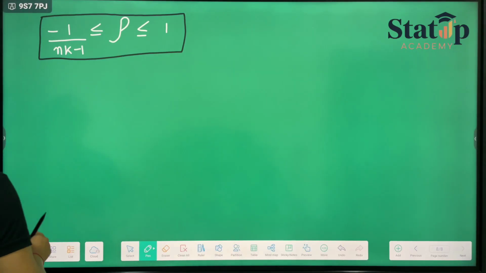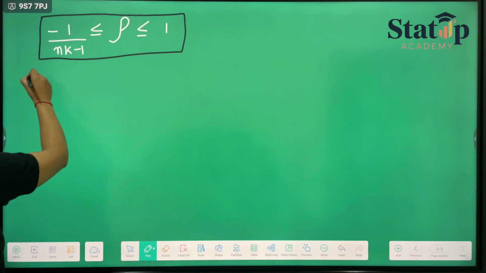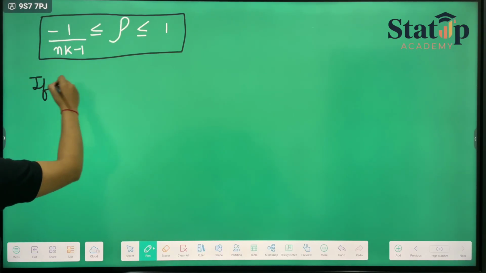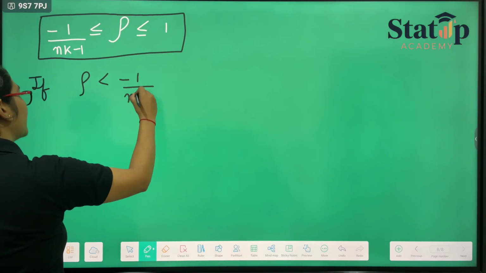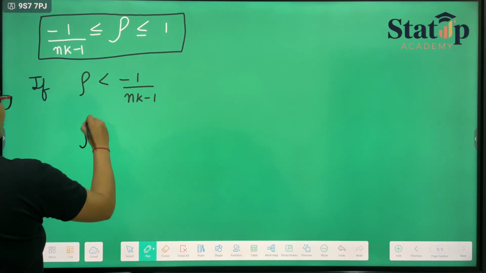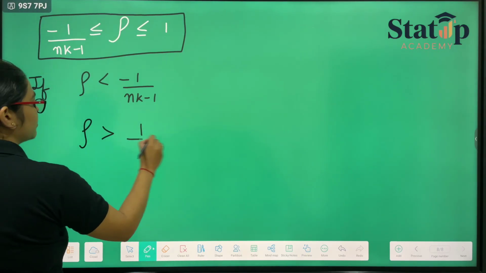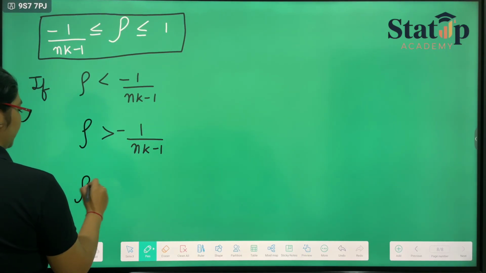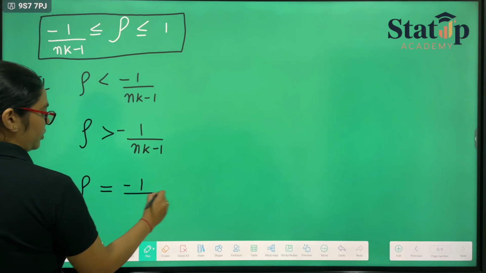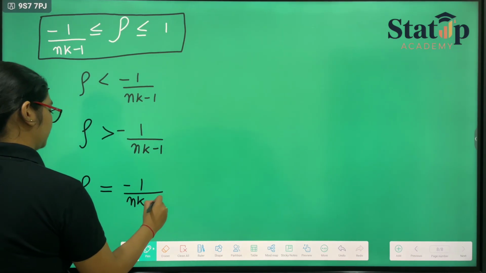Now for checking the relative efficiency, if rho is less than minus 1 upon nk minus 1, rho is greater than minus 1 upon nk minus 1, and rho is equal to minus 1 upon nk minus 1.